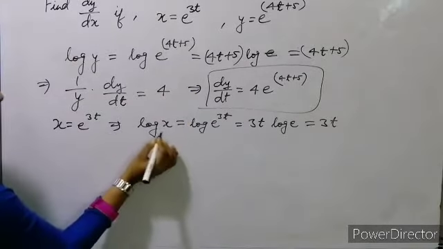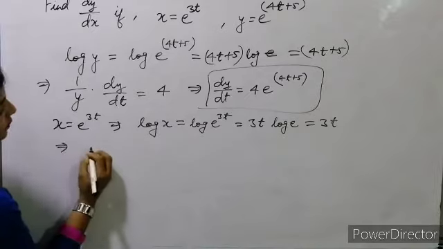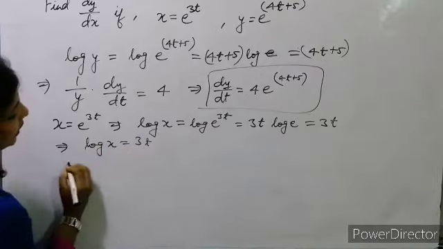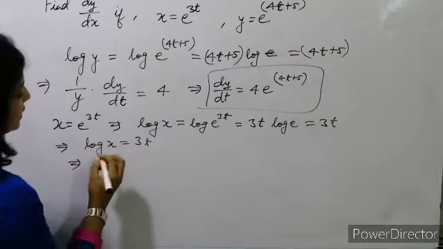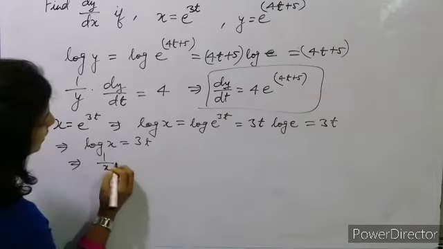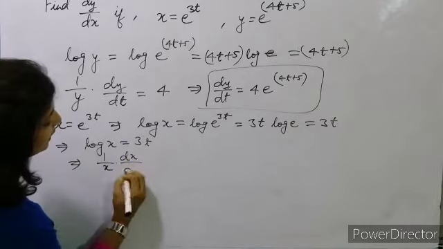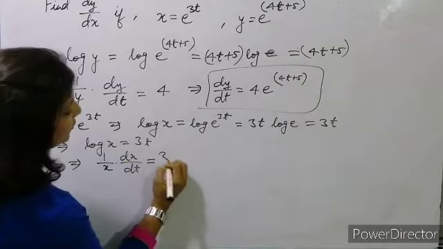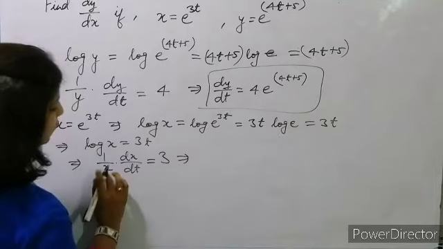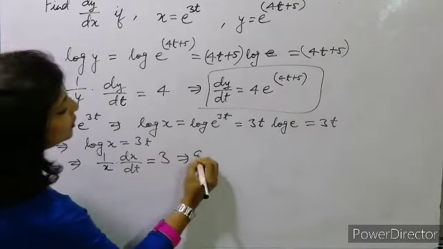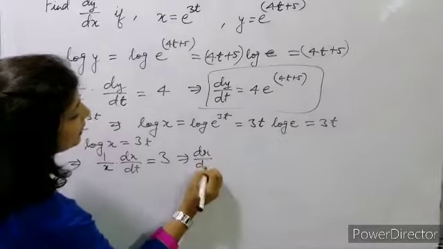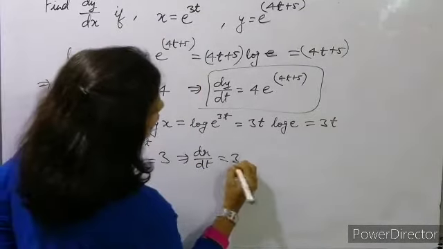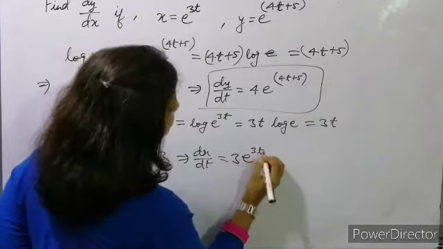Now differentiating both the sides, we'll get 1 upon x multiplied by dx upon dt, because we are differentiating with respect to t. So this side will get 3. So now x ka value will multiply here, so dx upon dt will be equal to 3 into x ka value, so 3 into e to the power 3t.